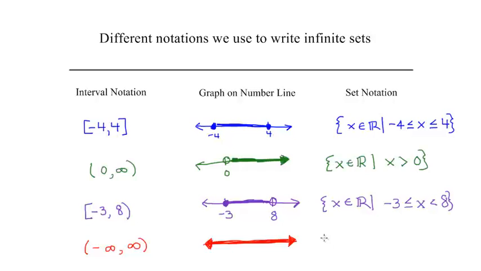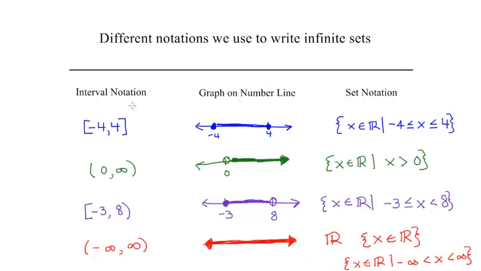And the set notation, well, you could simply write the symbol R, which stands for all real numbers, or you could write a set. X is an element of all the real numbers. Sometimes you might even see it written as x is an element of the real numbers such that -infinity is less than x is less than infinity. There's lots of different ways to denote this set.